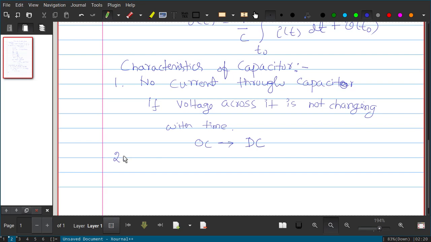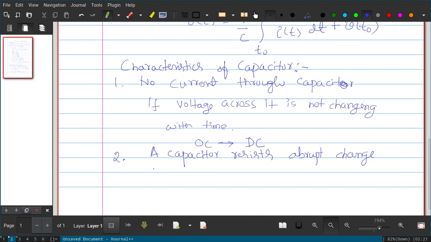Second one, this is very important. We are going to use this characteristic in the problem solving. A capacitor resists abrupt change in voltage across it, for it needs an infinite current.